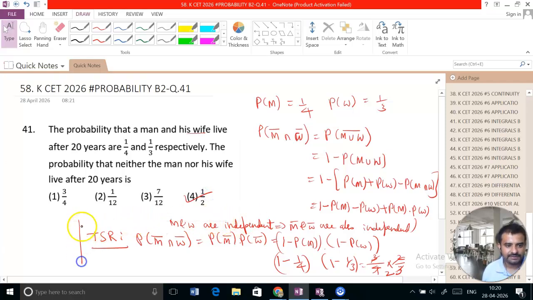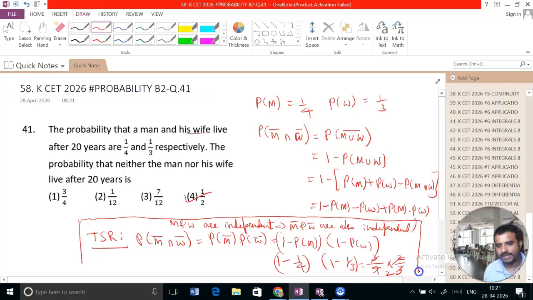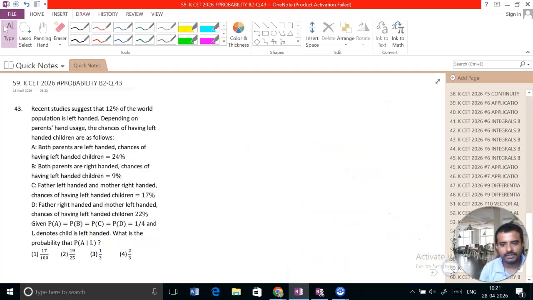This is the time saving result we can use if you know the concept of independent events. Otherwise you have to use the formula, but my suggestion is to go with this time saving result. Is it clear, everyone? So let's move on. The fourth question, correct? No, sorry, the third question.